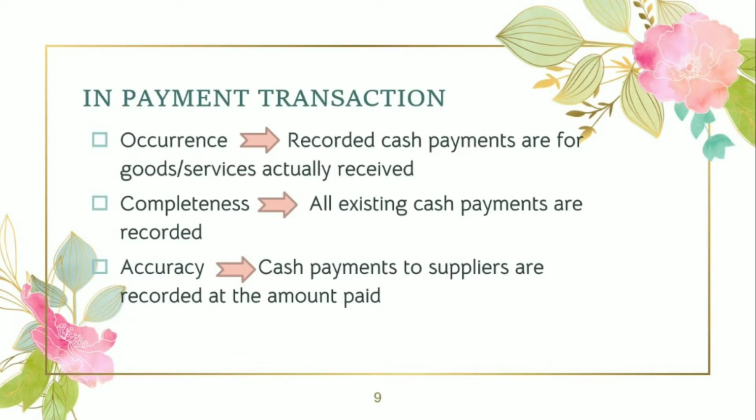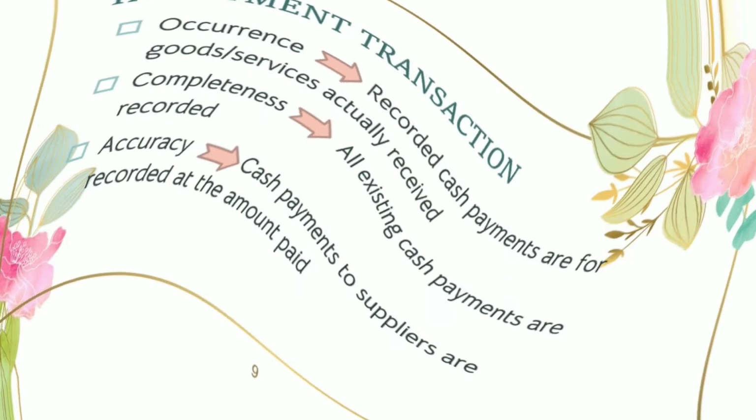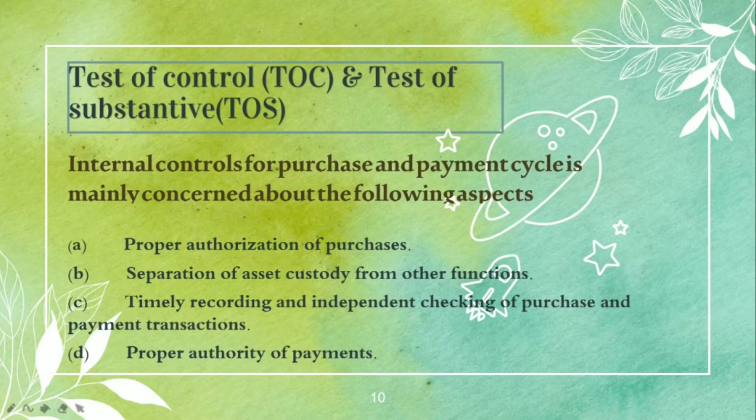Okay, in a payment transaction, occurrence means recorded cash payments are for goods or services actually received. Completeness means all existing cash payments are recorded. Accuracy means cash payments to suppliers are recorded at the amount paid. Okay, test of control and test of substantive.